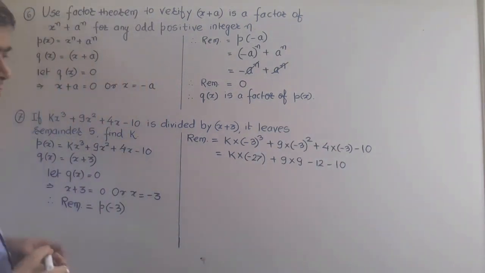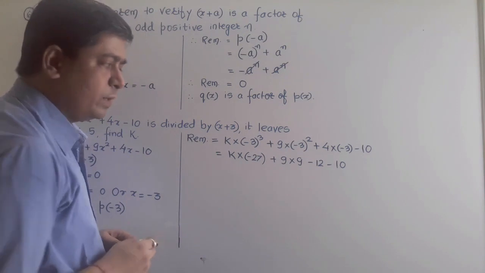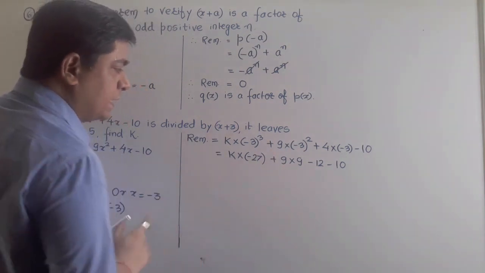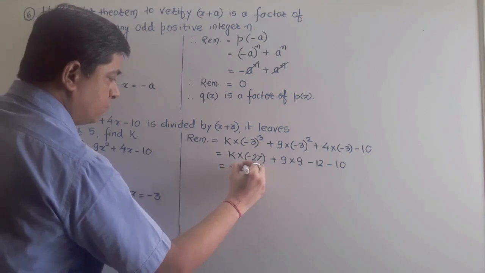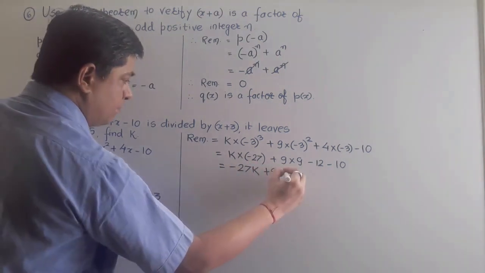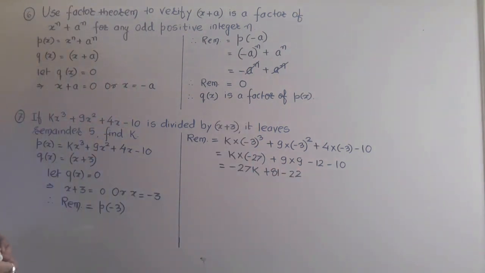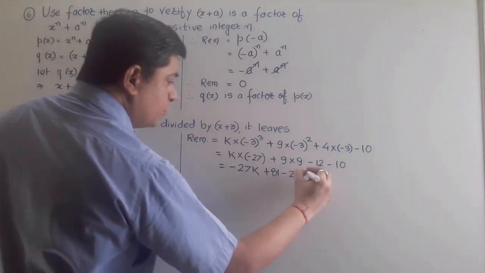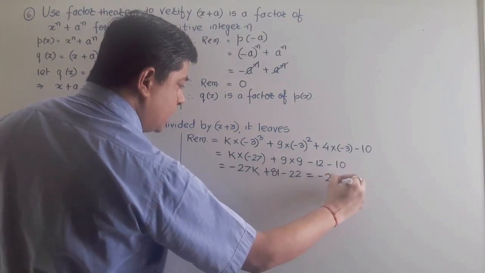A little bit more we can simplify. You observe here 12 and 10 we can add, it will become 22, and 9 nines are 81. So finally we shall get here minus of 27k plus 81 minus 22. From 81 I think we can subtract 22, and minus 27k will be as it is.